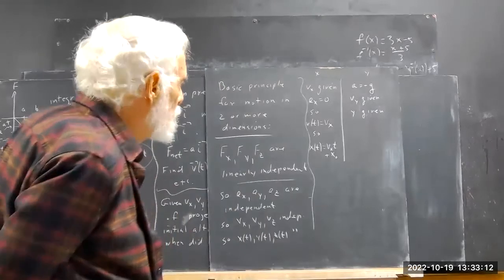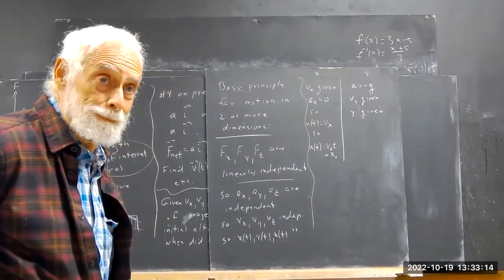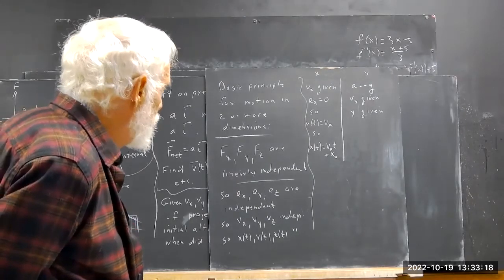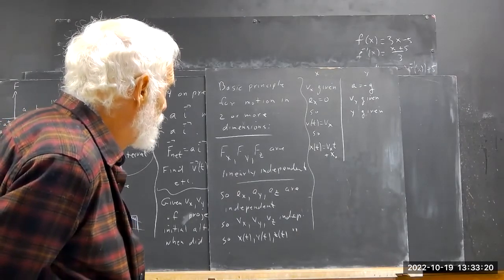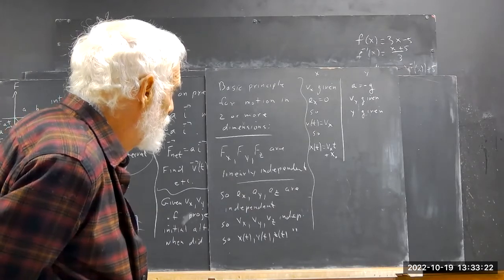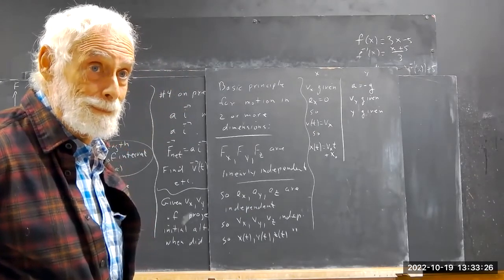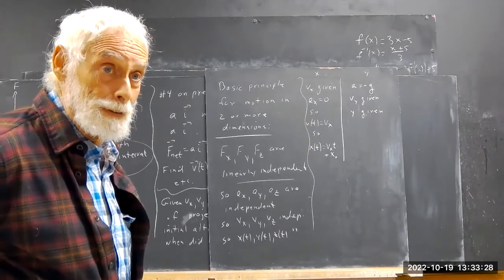A equals negative g, Vy is given, y is given. At this point, we can assume a coordinate system and initial velocities.